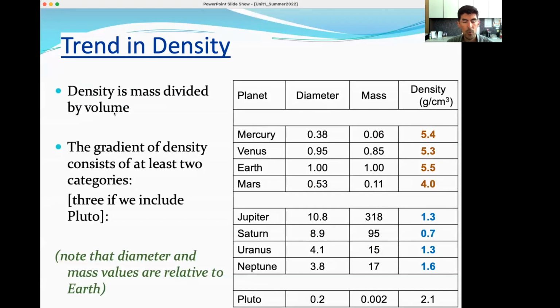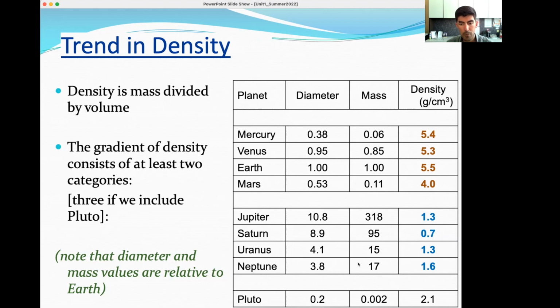With this, we see a change in the density. There's a trend in the density that moves from planets that are very highly dense in the inner solar system. So we see relatively high densities, lots of mass for not a lot of space, to planets that are relatively low in their density, very large planets in terms of their diameter and mass, but their ratio, that taking the mass and dividing it by the volume, results in a relatively low number.